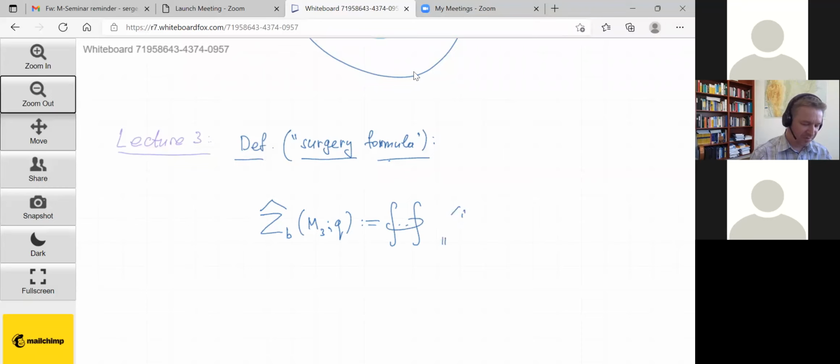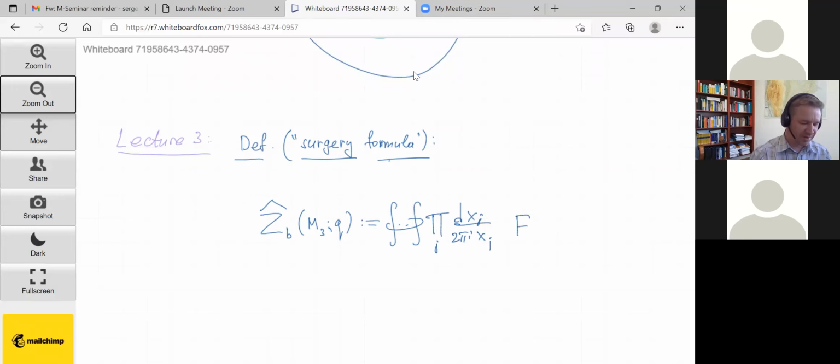So hopefully, by now I motivated much of this structure, over as many variables as components of the link. So here we have a product over link components, dx_j over 2 pi i x_j. As many integration variables as components of the link.